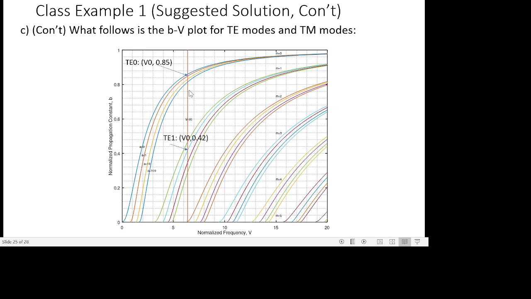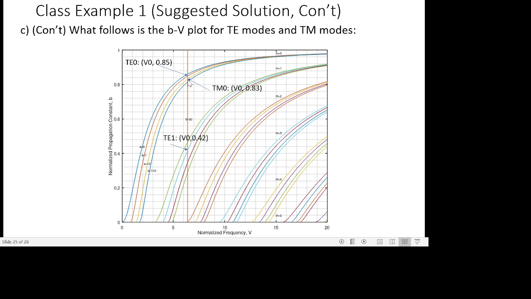But for the TM modes, the asymmetry factor is going to be different. With the asymmetry factor, remember the asymmetry factor is approximately 10, so we are going to pick the third curve within each family of the curves.